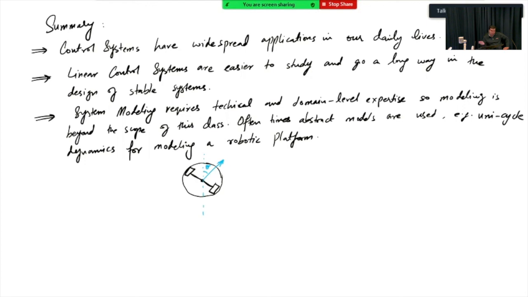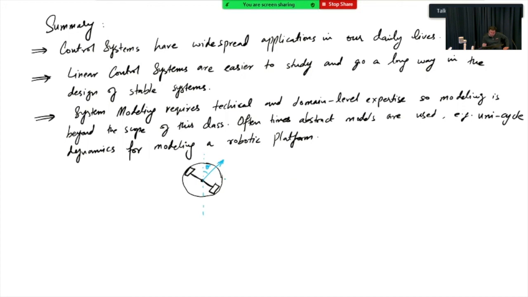Other times people just use an abstraction like a particle, right? So they just use a kinematic model to abstract the scenario and use it to design control algorithms. Later they can actually be translated into as much detail as you want.